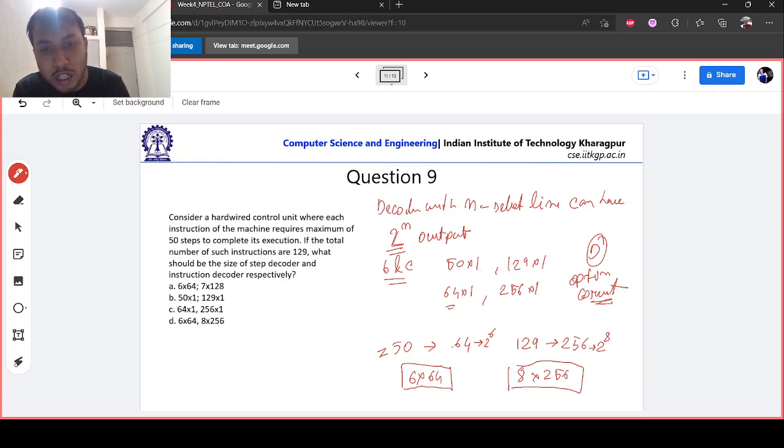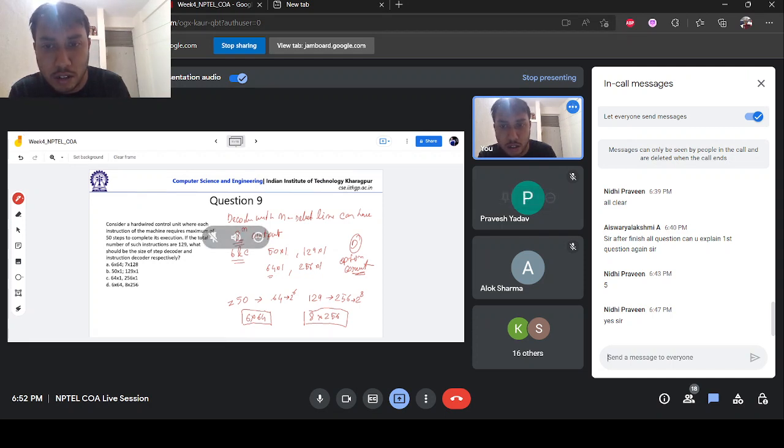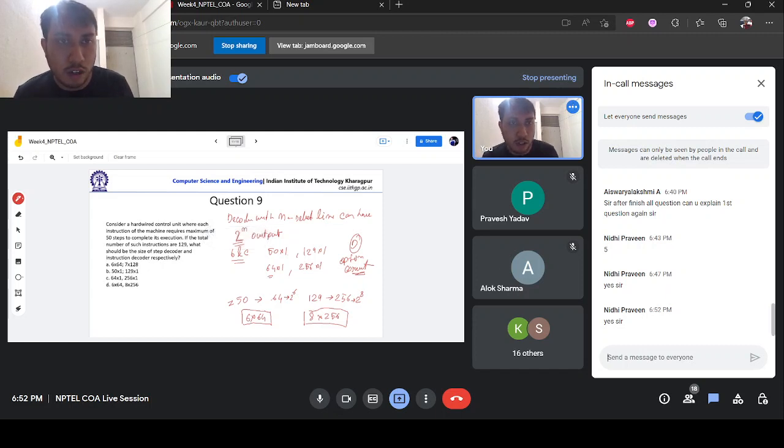So it will be a 6 cross 64 decoder and an 8 cross 256 decoder respectively. Understood? If you have any doubt regarding this, you can ask.